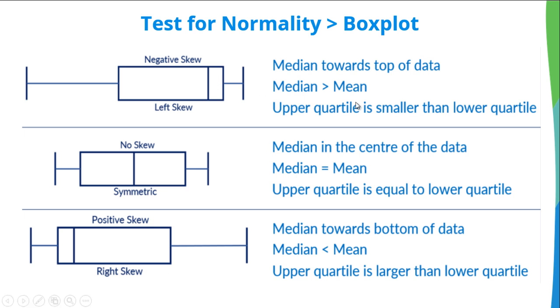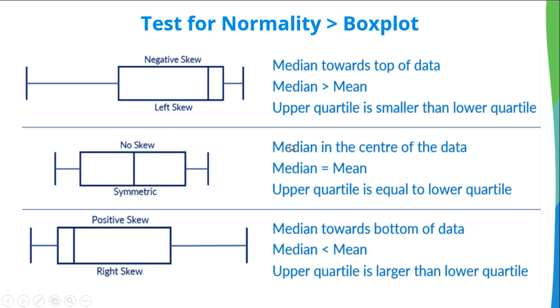Median is greater than mean, so the upper quartile is smaller than the lower quartile. This upper quartile is smaller than the lower quartile. That's what it means. We call it negative skew, so the tail is long here.